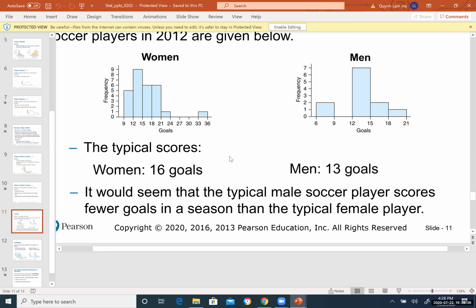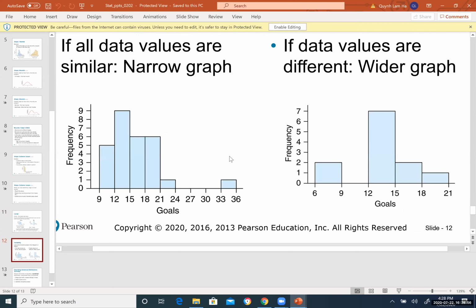Comparing women and men, it would seem that the typical male soccer player scores fewer goals in a season than a typical female player. That's talking about typical value, and the variation to me will be the other side.